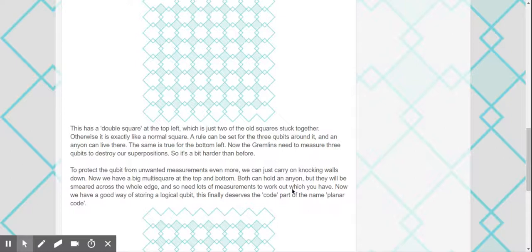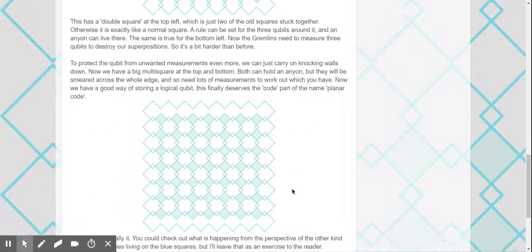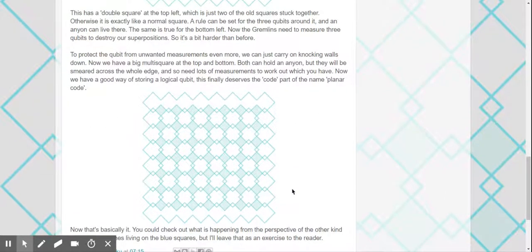To protect the qubit from unwanted measurements even more, we can just carry on knocking walls down. So we have a big multi-square at the top. The multi-square at the top and the bottom both can hold an anion, but they will be smeared across the whole edge, and so need lots of measurements to work out which you have.